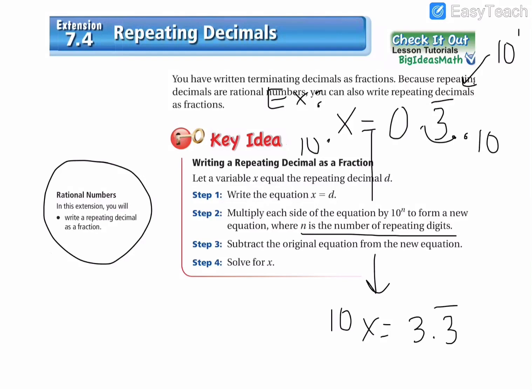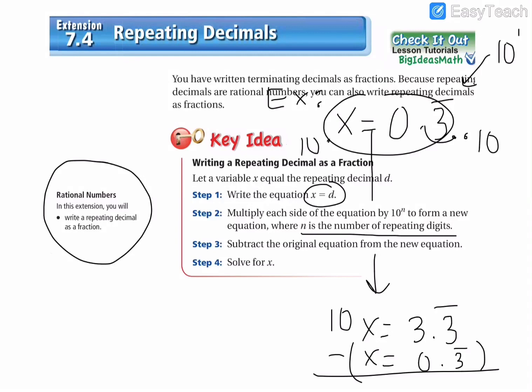Step 3, subtract the original equation from the new equation. The original equation was x equals 3/10 repeating. Put the whole thing in parentheses and subtract it, and you've got 9x.